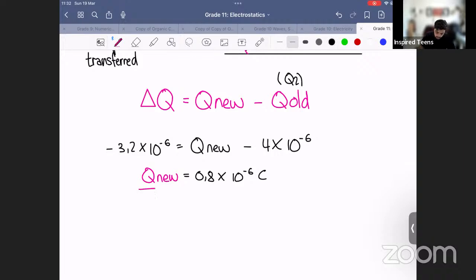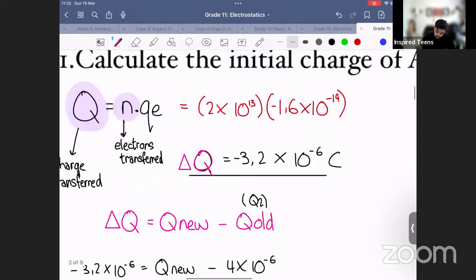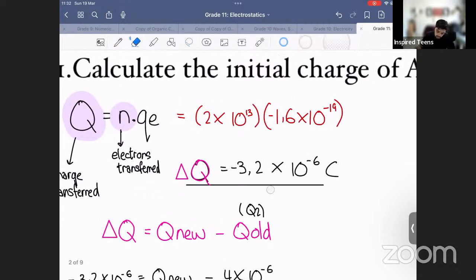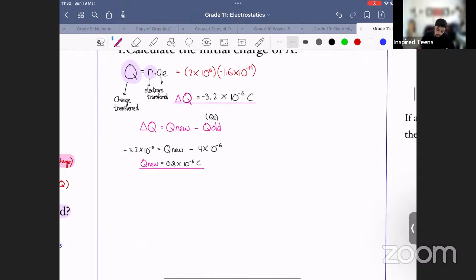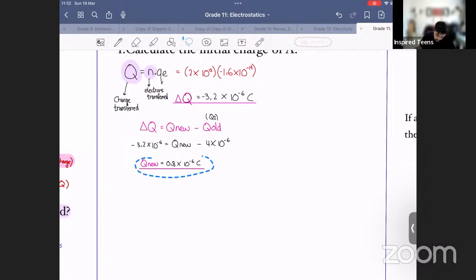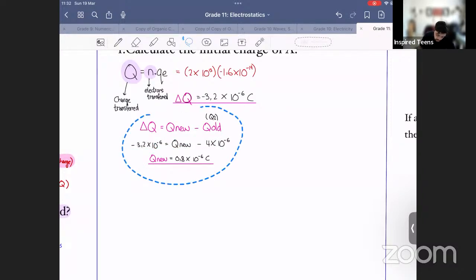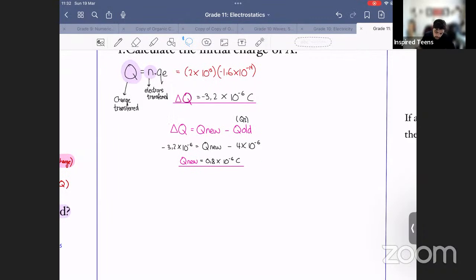This is Q new. Okay, now that you have Q new, you found the value of Q new.